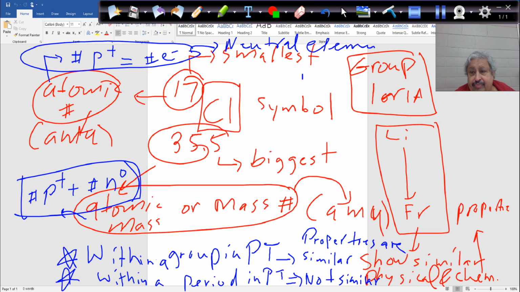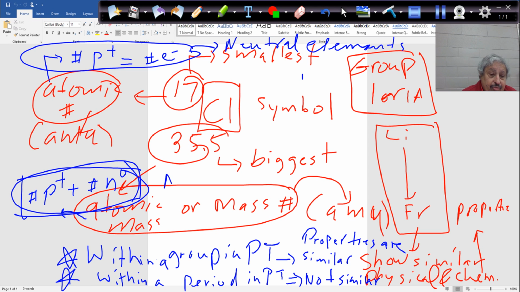Neutral elements. That's really true. Whether neutral or not neutral, since that's inside the nucleus, we don't have any change.